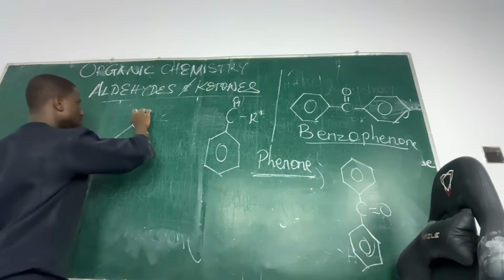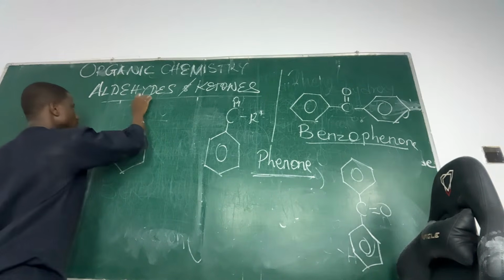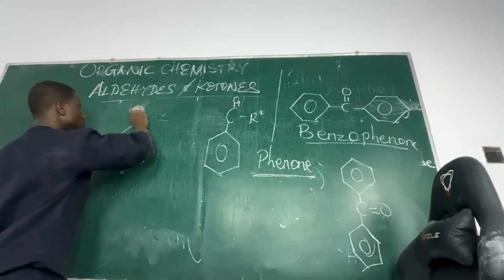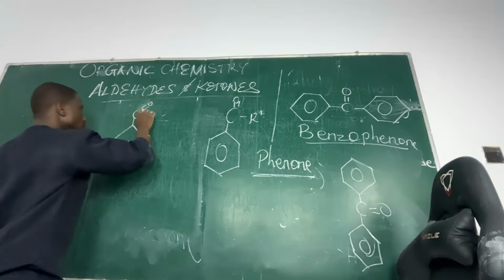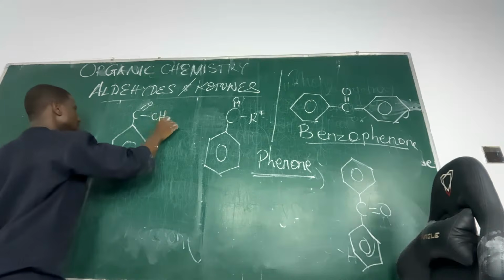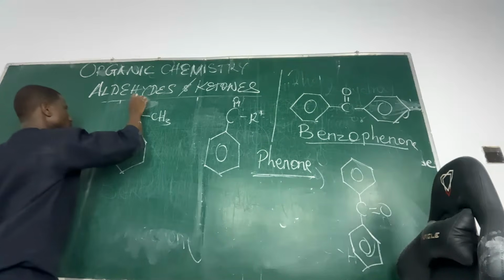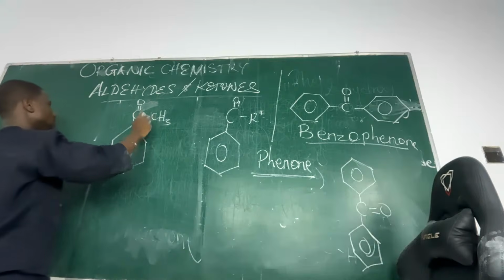We have double bond O, and this is bonded to CH3. Yeah, double bond O bonded to CH3.